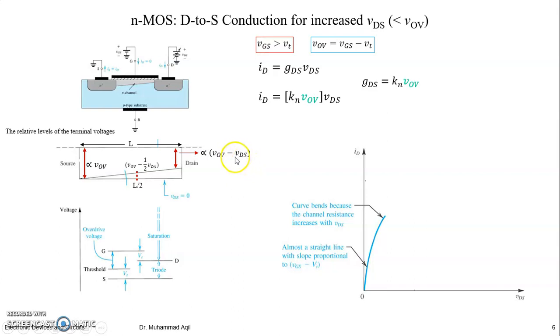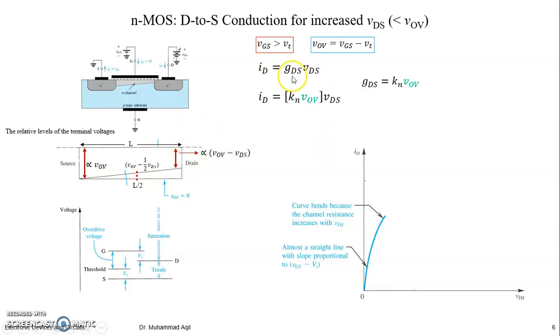That's why the channel depth is lowered. How much lower? This is proportional to VOV minus VDS. The higher your VDS is, the more your channel depth will be reduced.